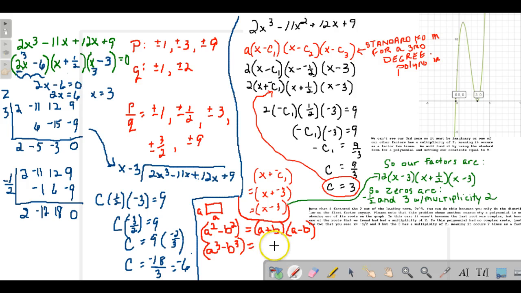So the difference of cubes has a special formula to factor it. It's just a minus b, so it looks just like this, and then the rest of the terms are all added, times a squared plus ab plus b squared.